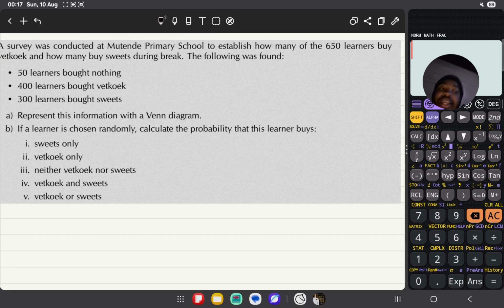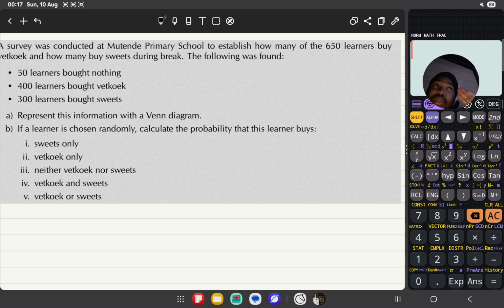The first thing that came to my mind when I saw these three points was to have three circles. One circle for the event nothing, meaning these people bought nothing, another circle for people who bought fat cooks, and another for people who bought sweets.